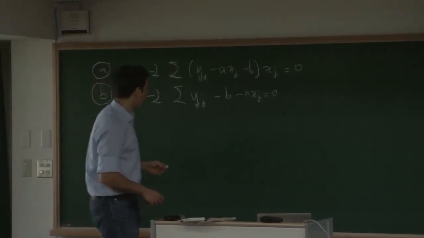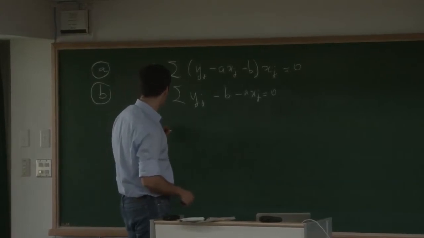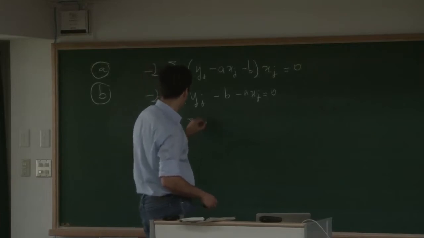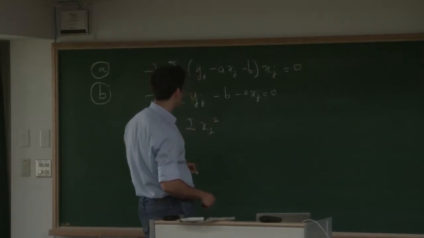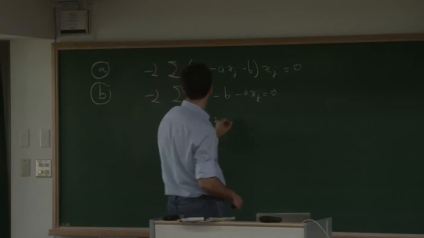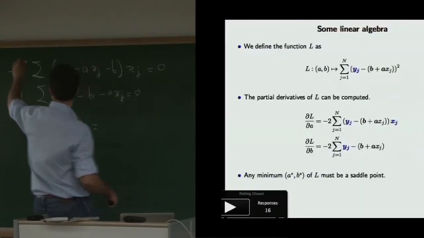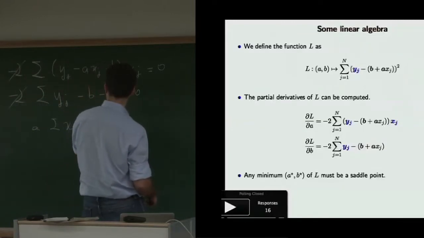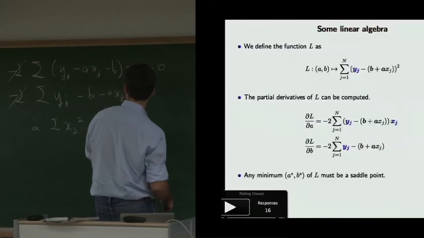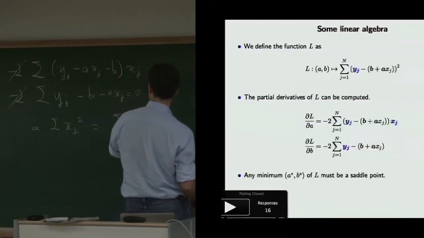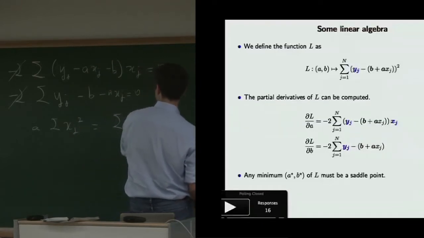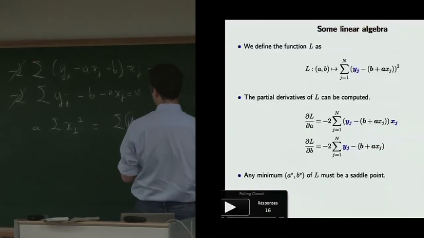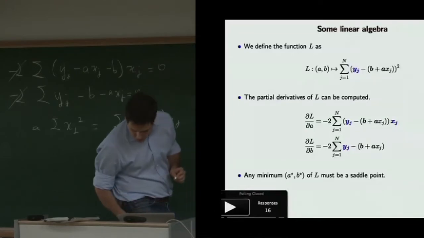Okay? So then what we get is simply that A times the sum of xj square is equal to, so we can remove the 2's here, sum of yj minus bxj, so that A, actually did I have the A here? Yeah.